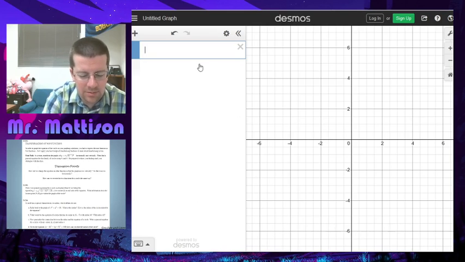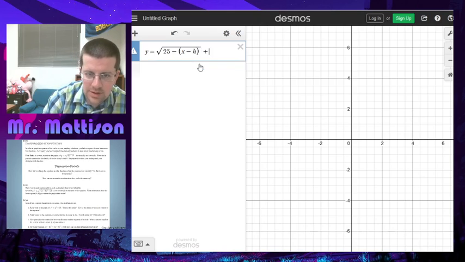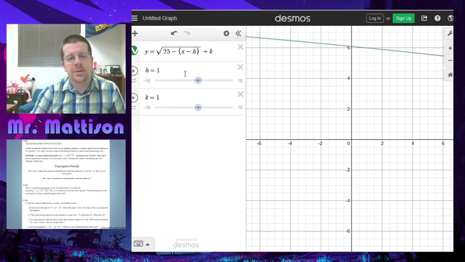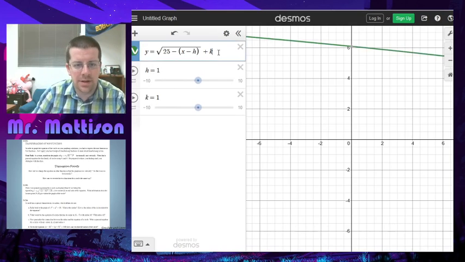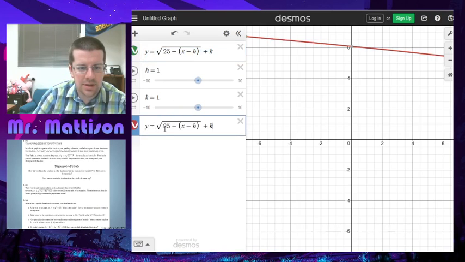If we did y is equal to square root of 25 minus x minus h plus k, add sliders for those ones, and then I'll make another graph of the same thing.